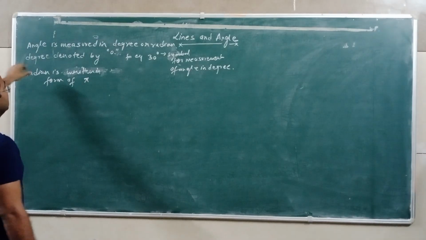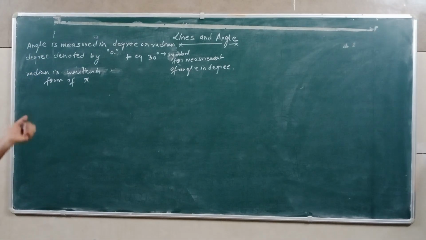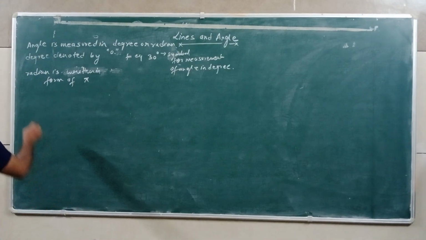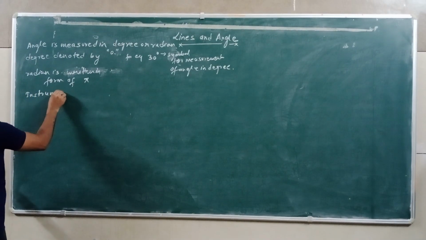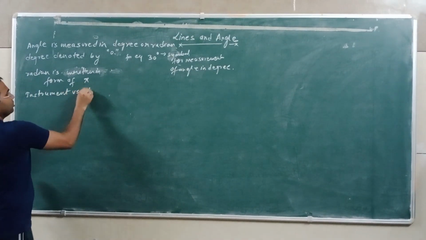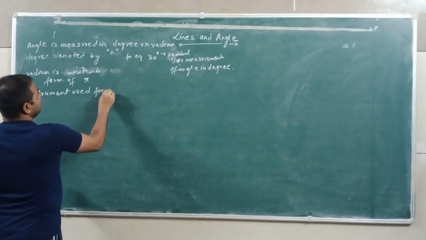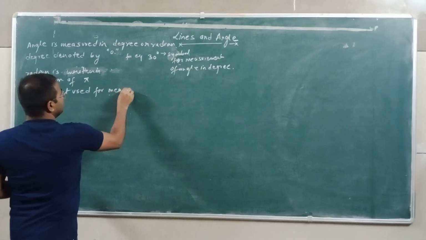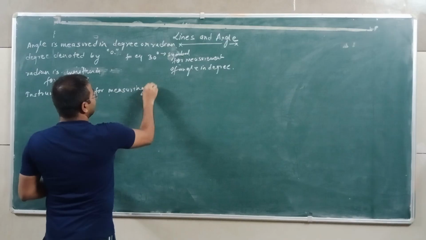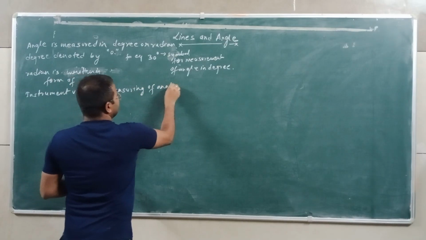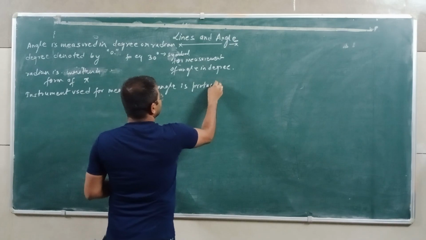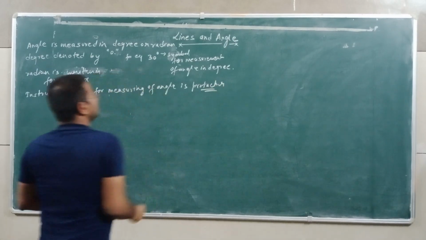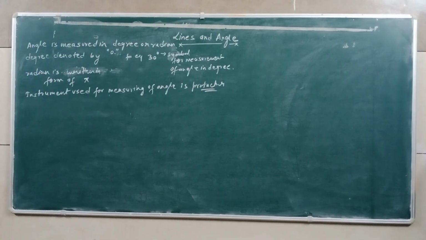So see here, angle is measured in degree or radian, and the instrument used for measuring an angle is the protractor. Okay, so by protractor you will measure the angle.